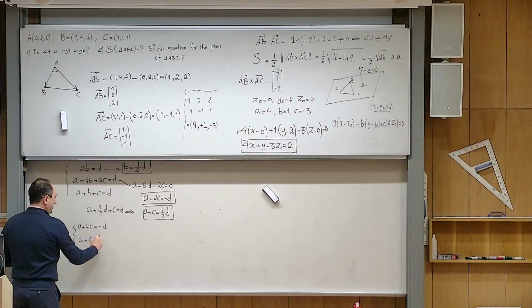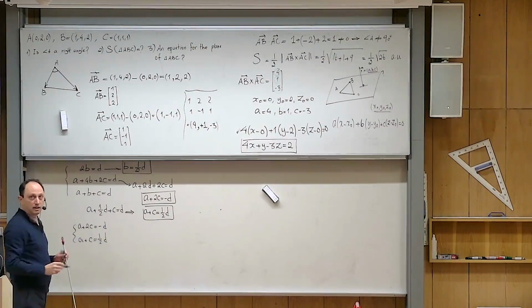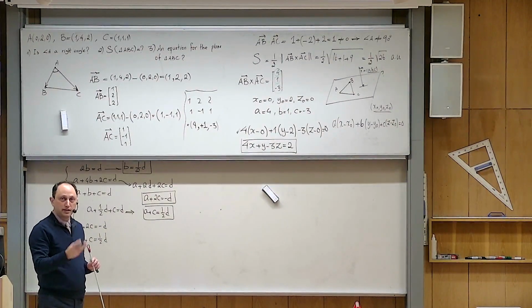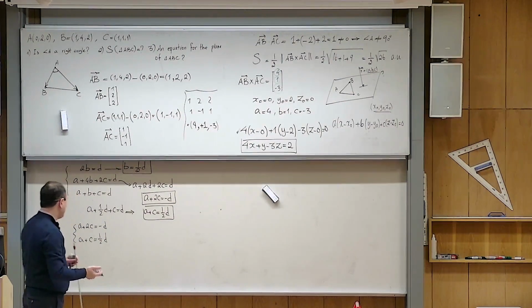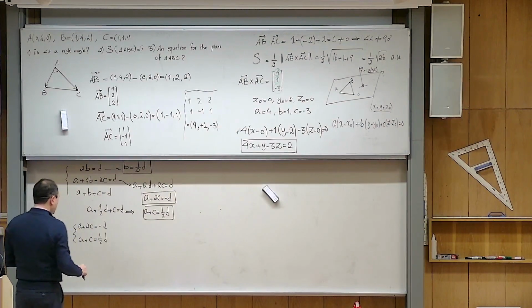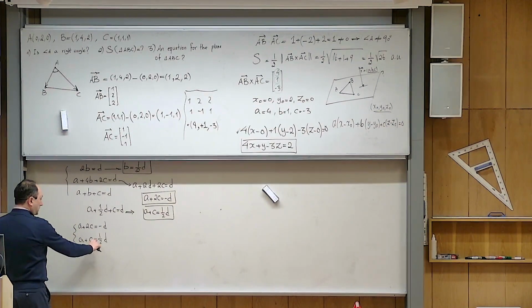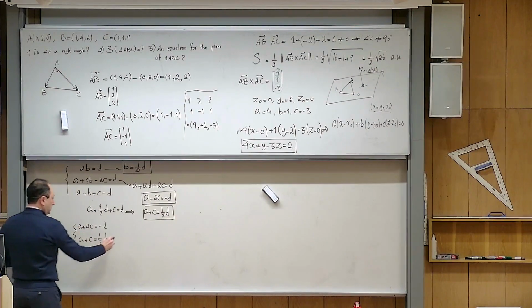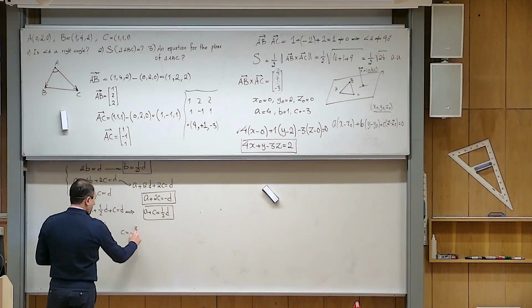So I'm pretending that d is given and I'm trying to solve and find a, b, and c in terms of d. Okay, so in order to solve that, I multiply this by a minus sign and add it here so that I can get rid of a's, and then it becomes c. If I multiply this by a minus sign and add it here, it becomes minus 3 over 2d.